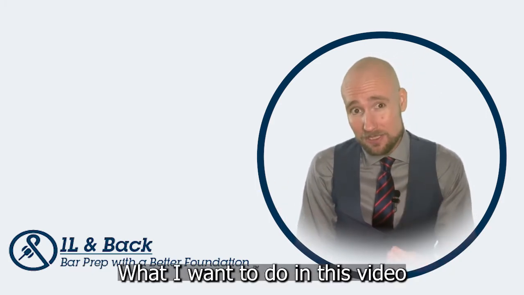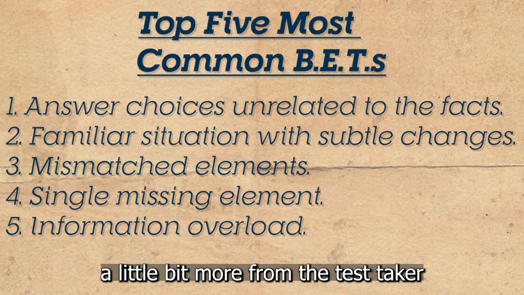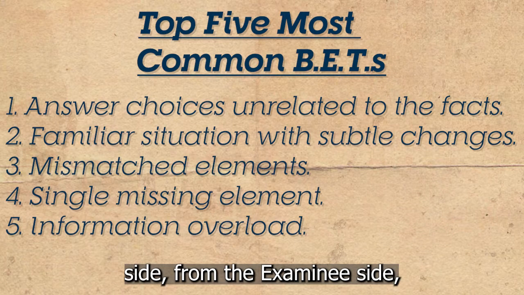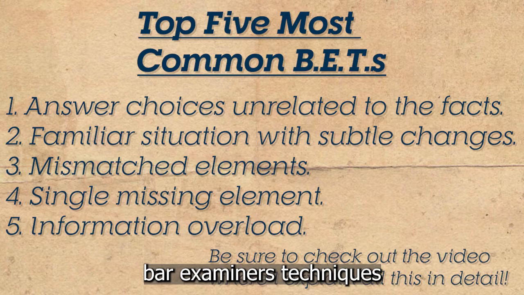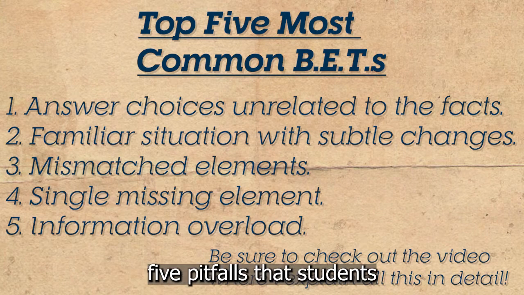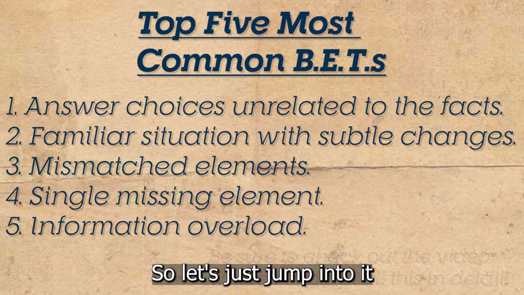What I want to do in this video is talk a little bit more from the test taker side, from the examinee side, from the student side, if you will. Because just like we had those 5 bar examiner techniques, here we're going to talk about 5 pitfalls that students find themselves in. So let's jump into it.